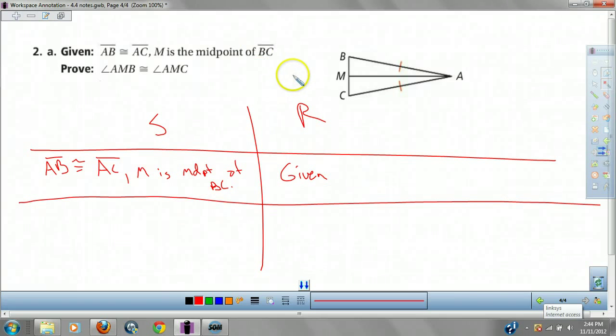I want to prove that angle AMC is congruent to angle AMB. Now those aren't vertical angles, so we can't go that direction. So we're going to have to prove that these two triangles are congruent and then use CPCTC.